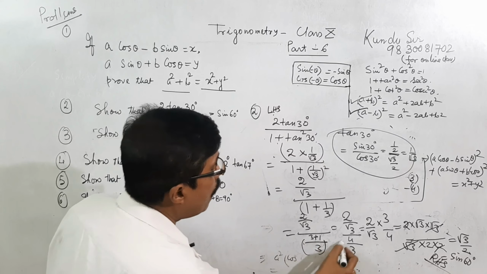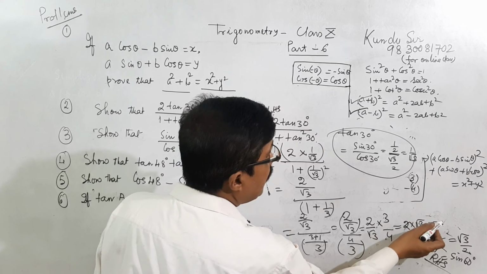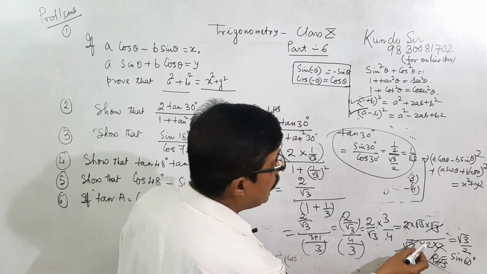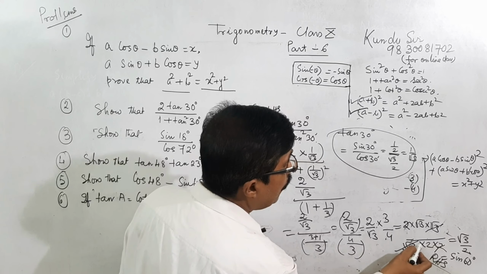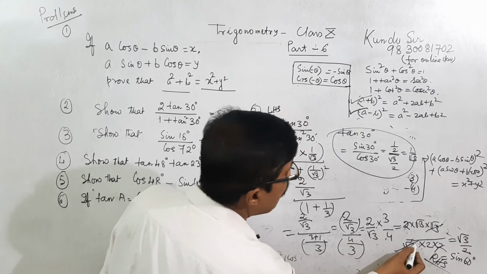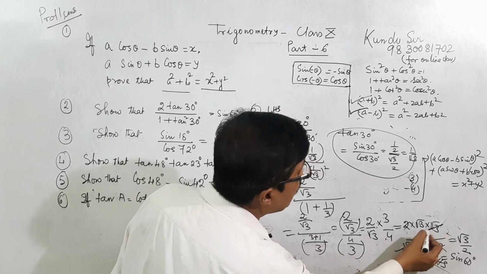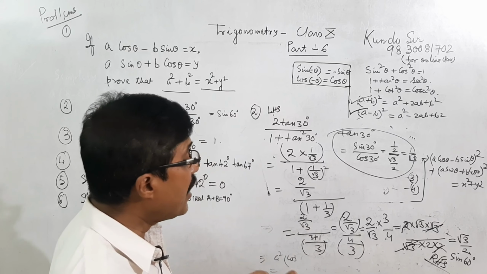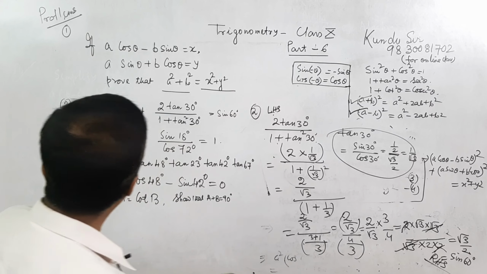Now 2 by root 3 into 3 by 4. Writing 3 as root 3 into root 3, we cancel root 3 from numerator and denominator, and 2 from the denominator. Now we are getting root 3 by 2, equal to cos 60 degree.